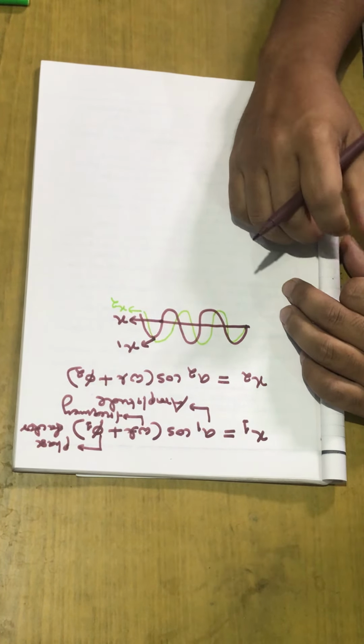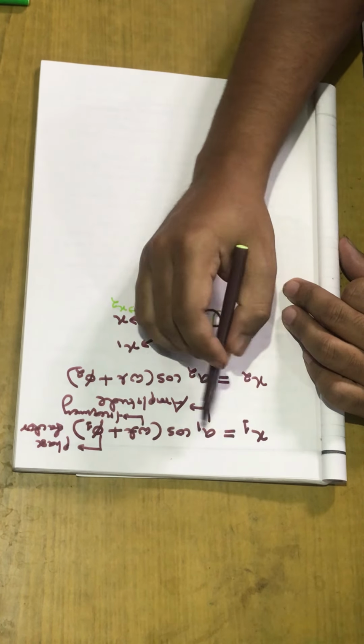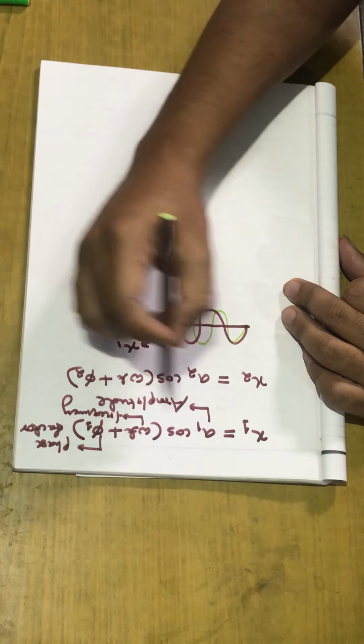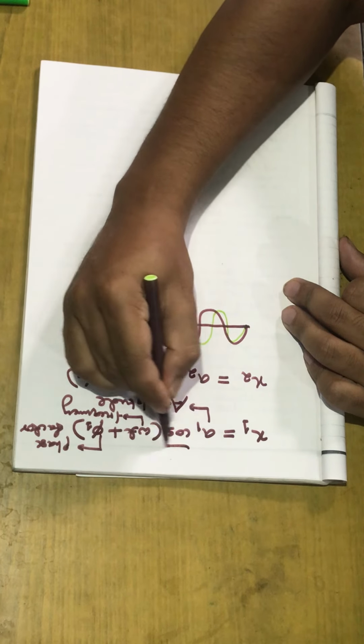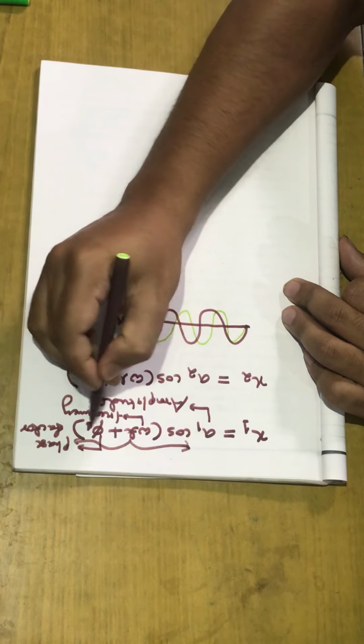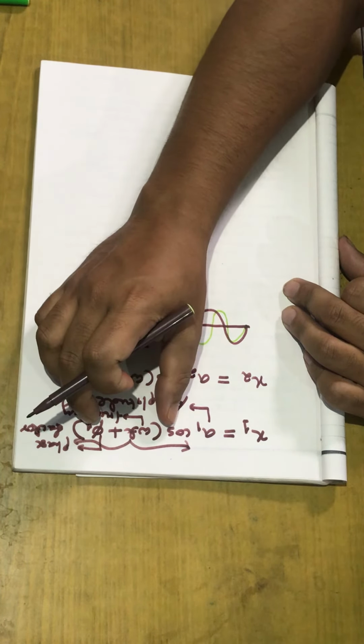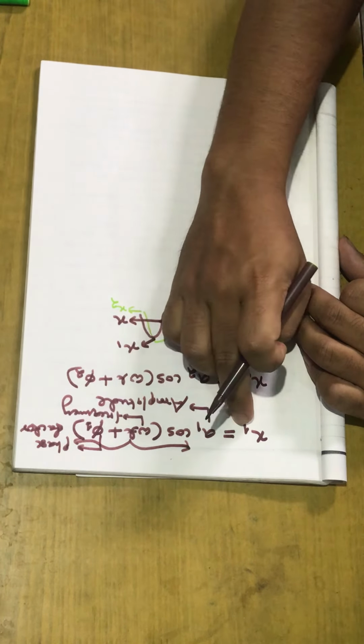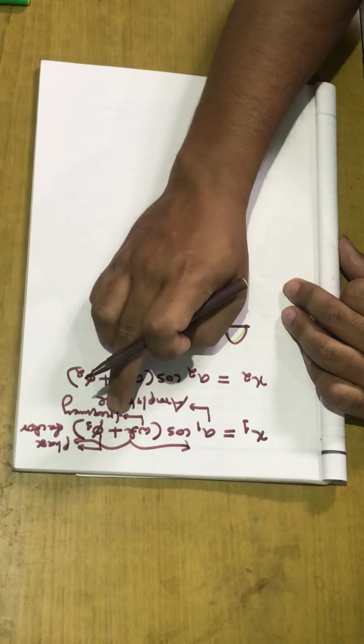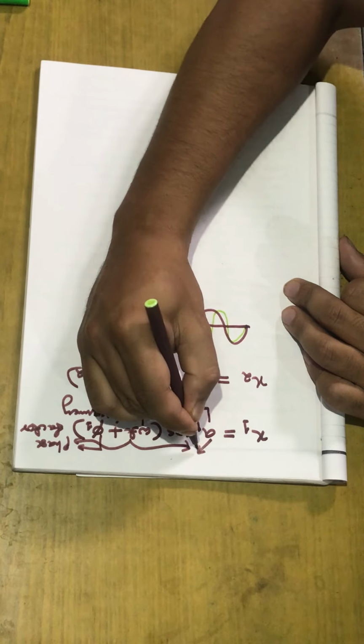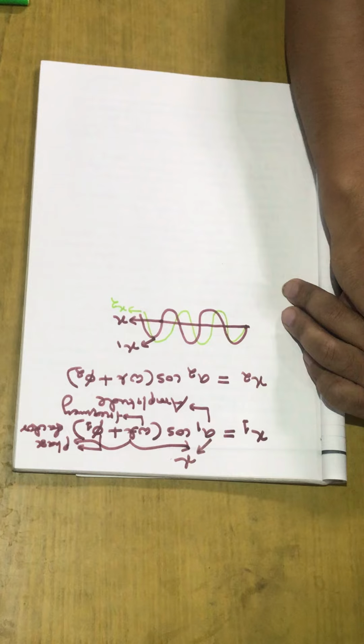For that, I am going to use a vector notation. For example, you see x1 here is in the x direction, and the factor cos(omega t plus phi 1) is a phase factor, an oscillating factor, so it cannot have a direction. So if it is moving in the x direction, I will give a1 a direction, in the x direction.